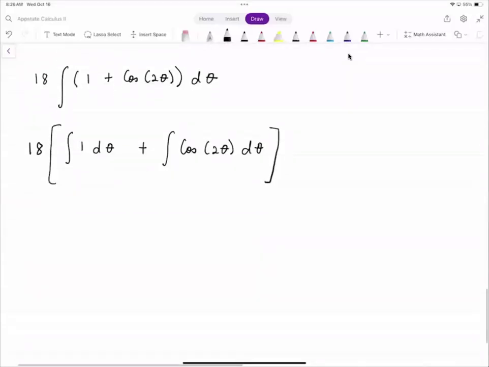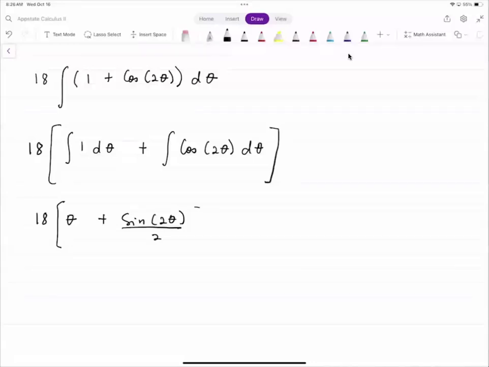And so this gives us 18. If you integrate 1 d theta, should give you theta. It's like integrating dx. It gives you x. Plus, here you can use u sub. If you find the antiderivative of that, you are going to get sine 2 theta divided by 2. Then we could put plus c here.